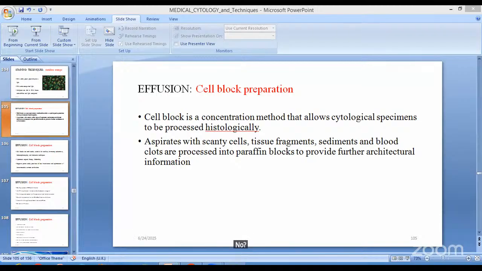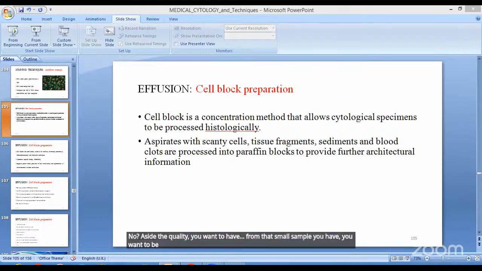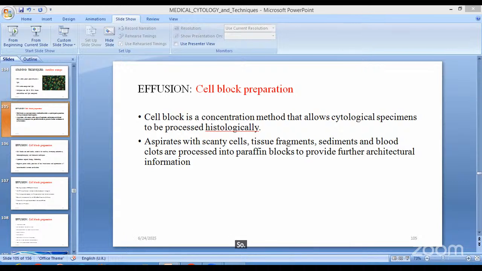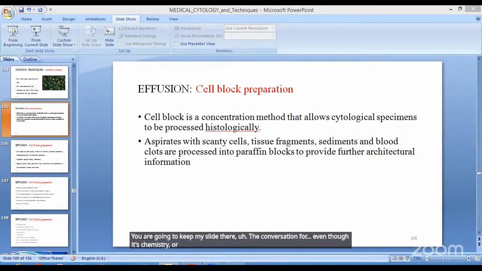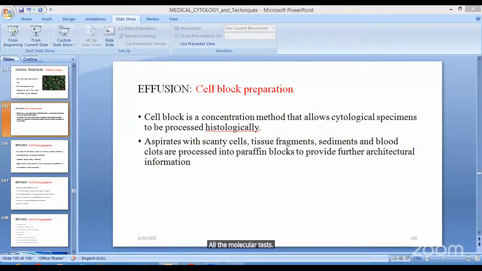Aside the quality, you want to have from that small sample you have, you want to be able to do as many tests from it as possible. So aside staining for cytology, you are going to have a block for histology. You are going to keep a block there that can be sectioned for immunohistochemistry or for genetic testing or other molecular tests that may need to be done.